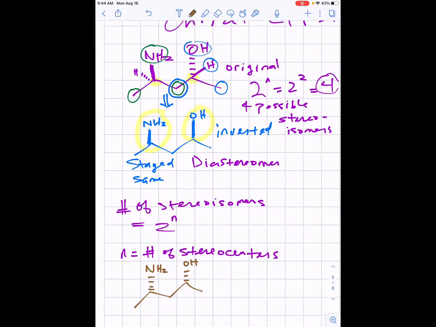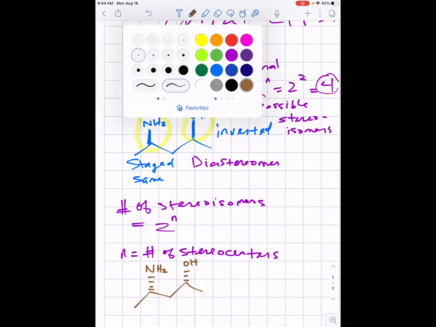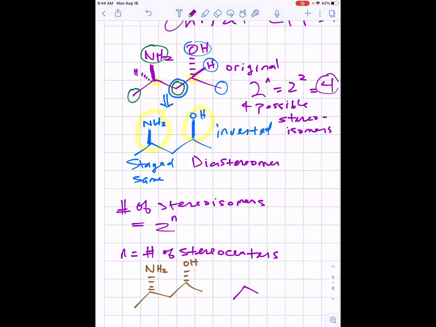Now, what else can I do? Invert both of them. Okay, so that one would be if I took the top and if I inverted both, what would that be compared to the original image? Oh, a mirror. A mirror image, very good. Let me pick a different color. So I could also have, that has a mirror image, and we know that, right?